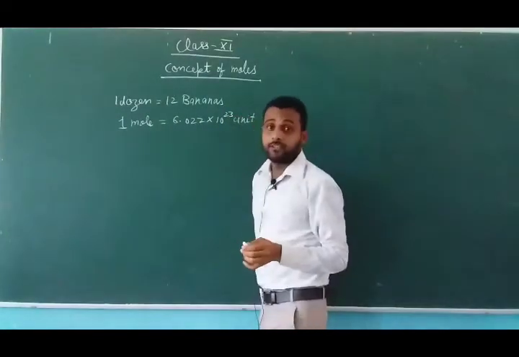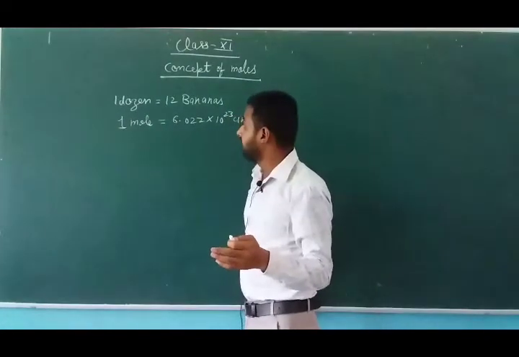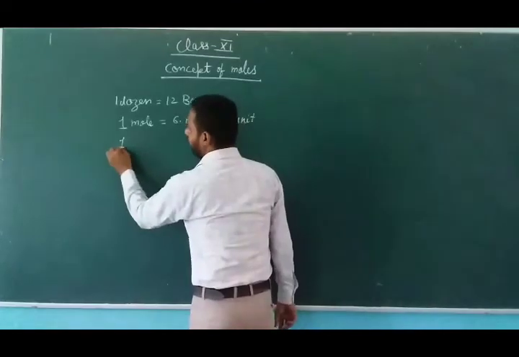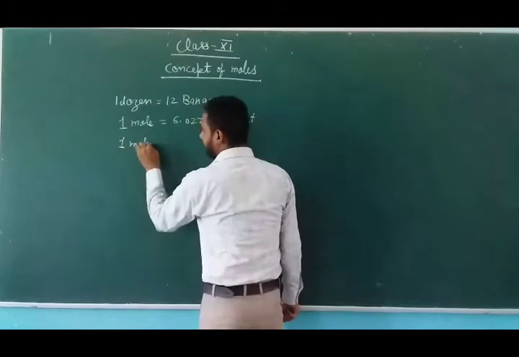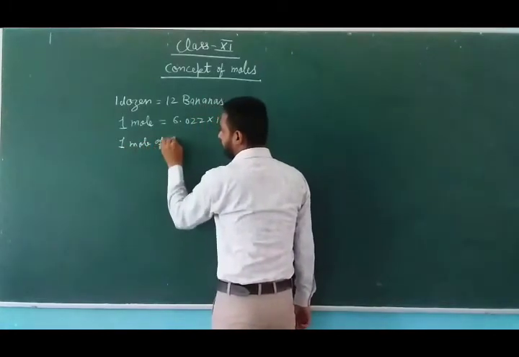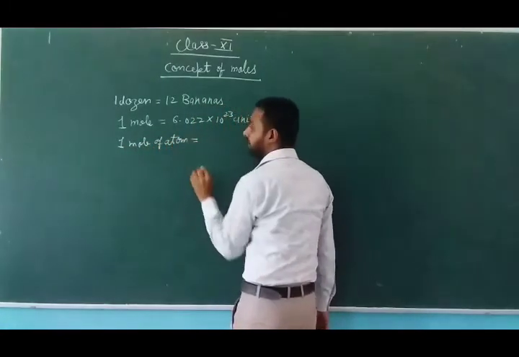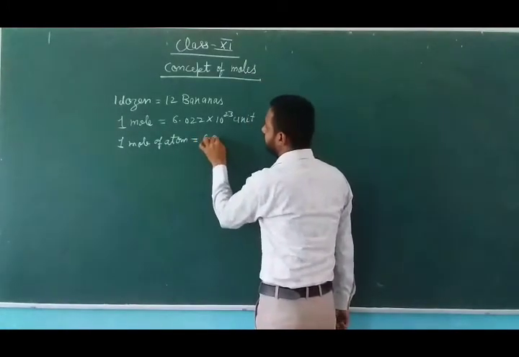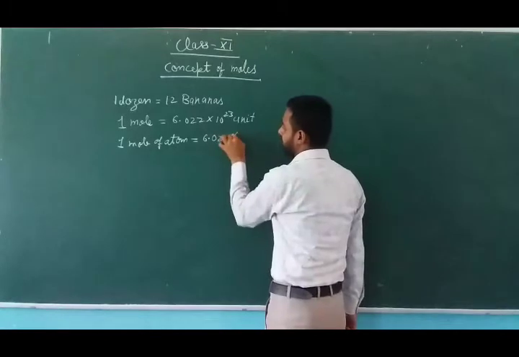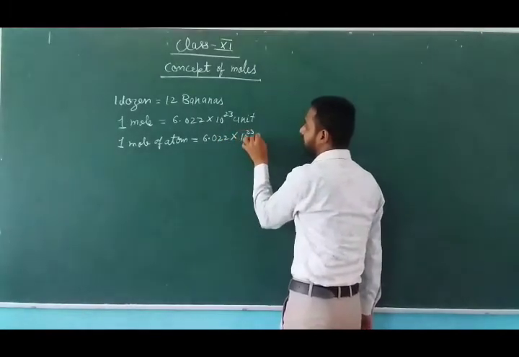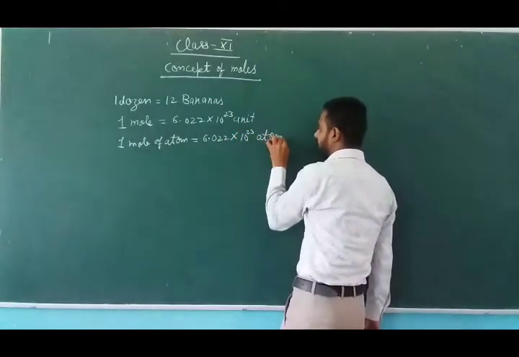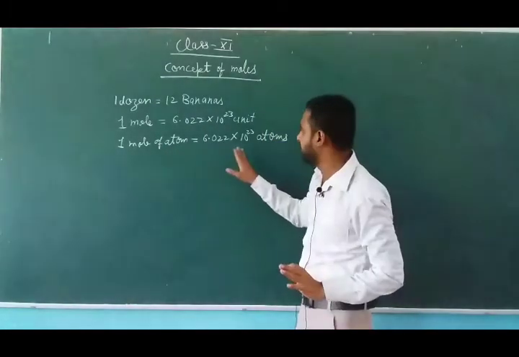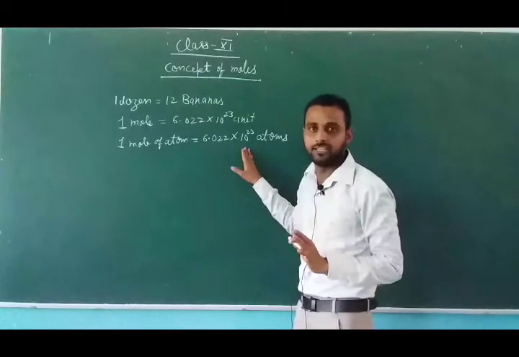Whenever 1 mole of atom is given, it means we have 6.022 into 10 to the power 23 atoms. The actual meaning of 1 mole of atom is 6.022 into 10 to the power 23 atoms.